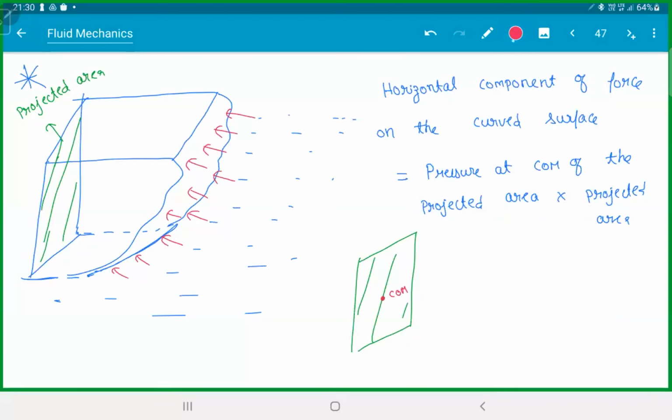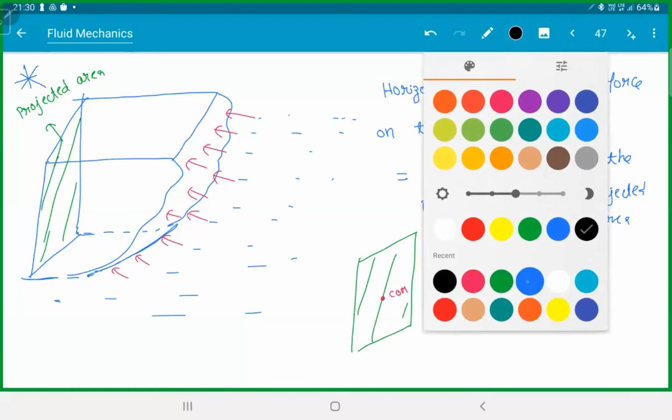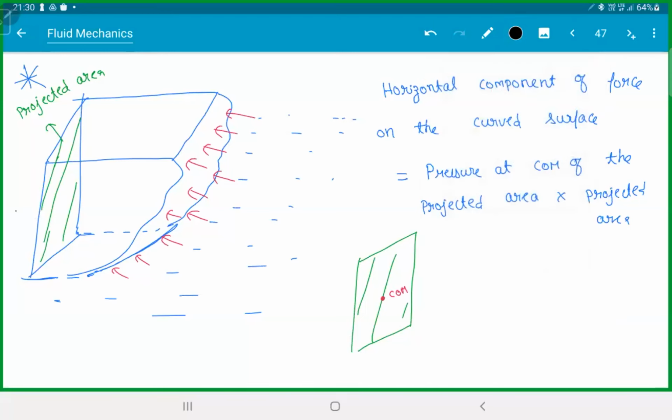Just to give an example, let's say this was H and this was L. So the pressure at this point will be at depth H by 2. So the pressure is P naught plus rho g into H by 2, and the area will be L into H. That's your answer.